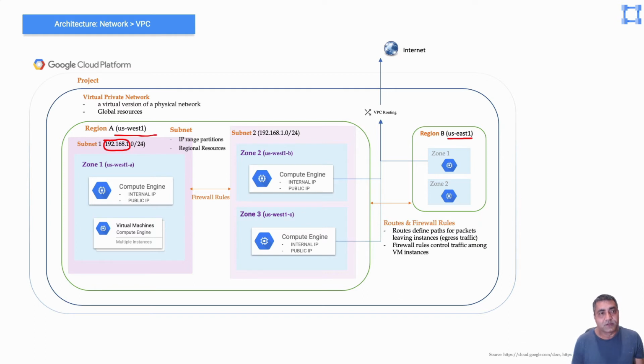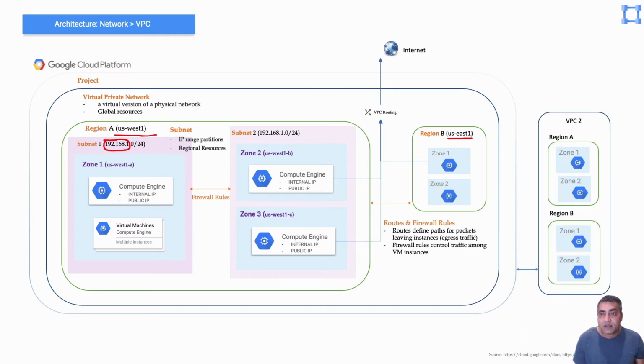Then comes the case where you could have a similar network, another network, VPC2, and you might have to interact with that other VPC. Now that's taken care of by network peering. So VPC networks can be connected to other networks in different projects.